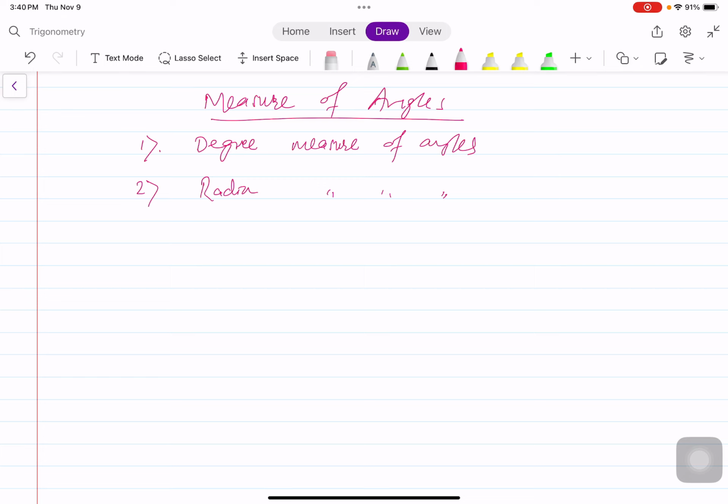So first let's discuss the degree measure of an angle. This is one of the ways to measure an angle.